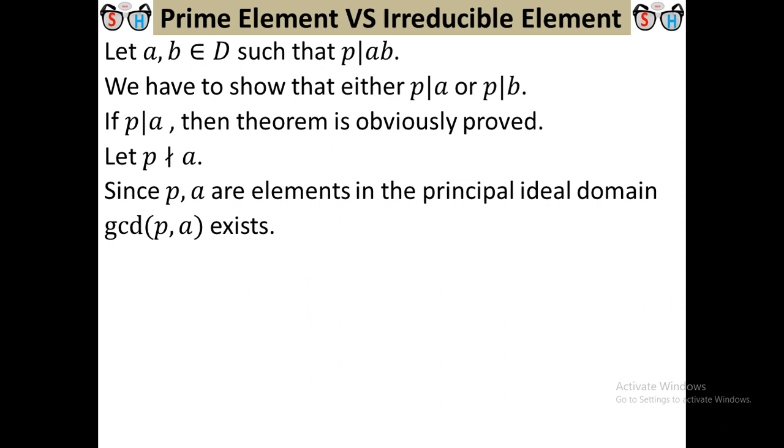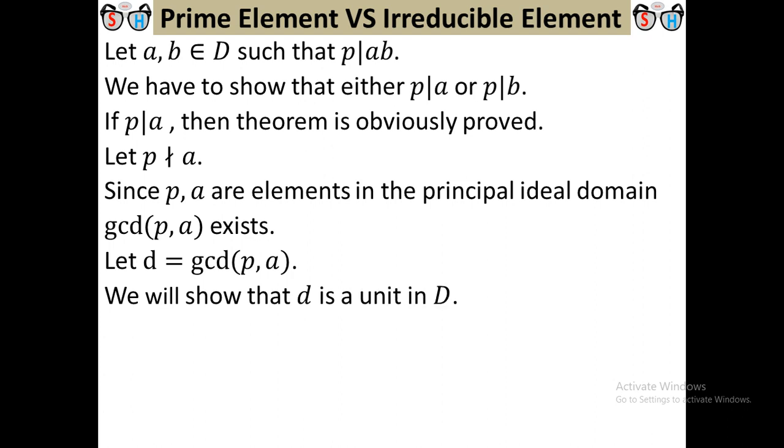This theorem is proved in a previous part, either part 3 or part 4. So here GCD of P and A exists. Let D be the GCD of P and A. Then now we will show that D is not a unit in D. This is our target.